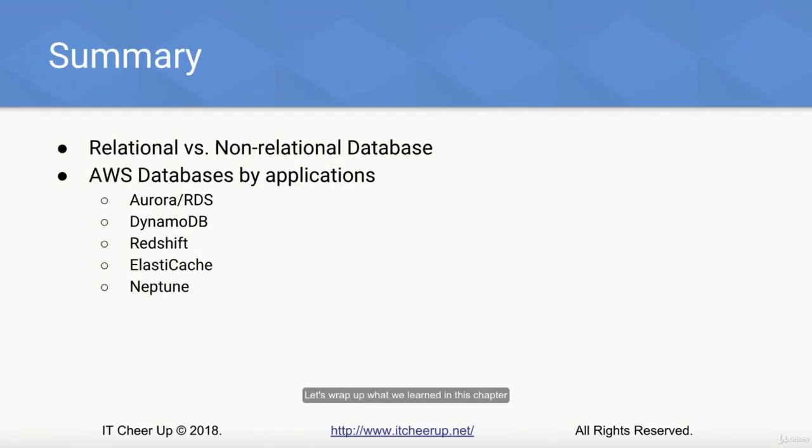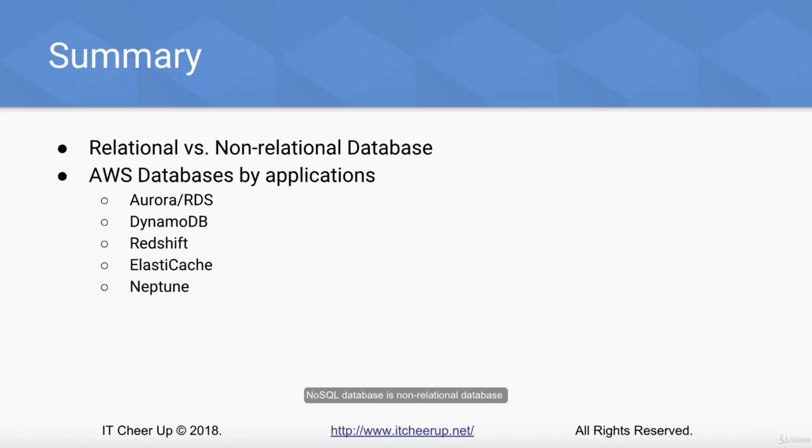Let's wrap up what we learned in this chapter. We learned about relational and non-relational databases. A relational database is a collection of data items with predefined relationships between them. It uses SQL, structured query language, for querying and maintaining the database.